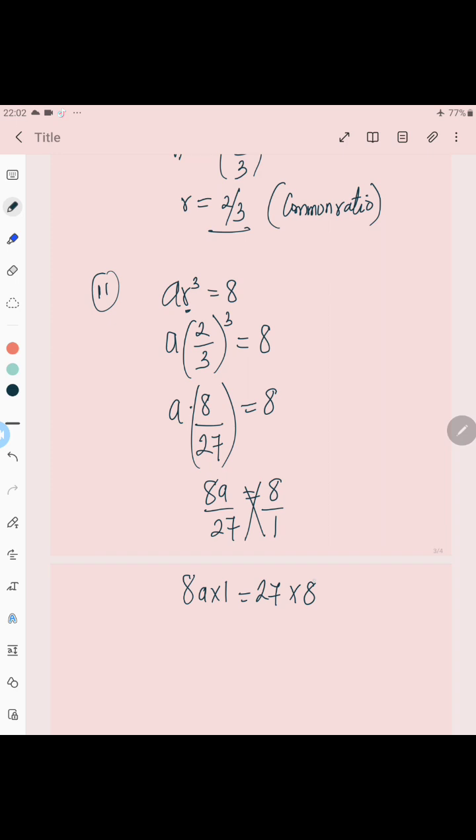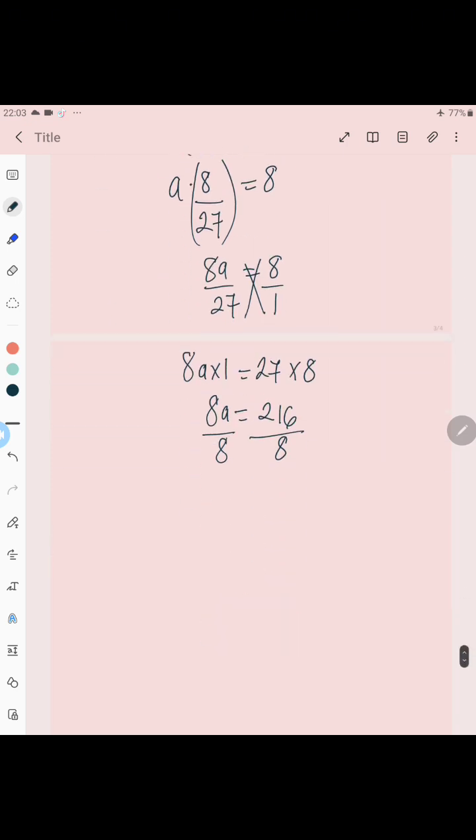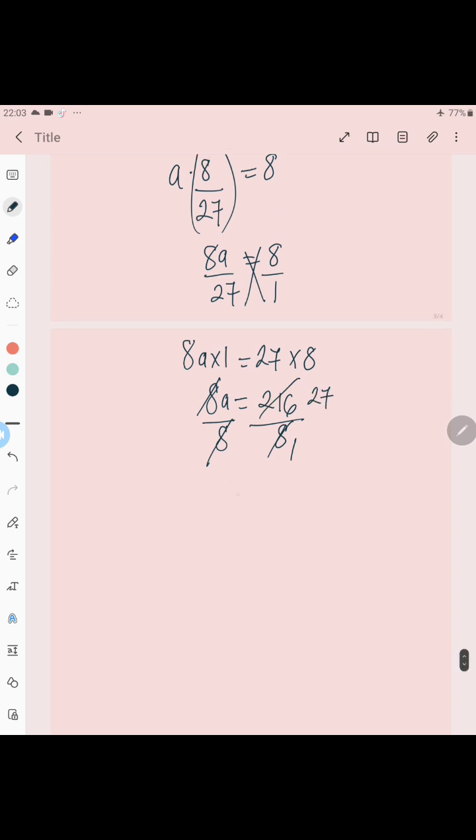So 8A is equal to 216. So what we do from here is to divide both sides by 8 to get the value for A, because 8 is the coefficient of the unknown, which is A, right? So 8 cancels 8, and 216 divided by 8 gives us 27. So we have A is equals to 27, and this is the value for the first term as asked from the question.